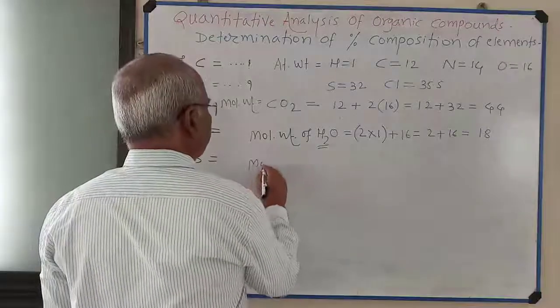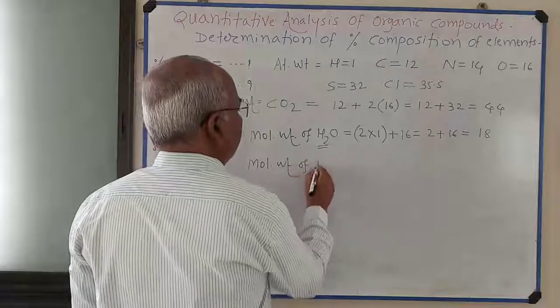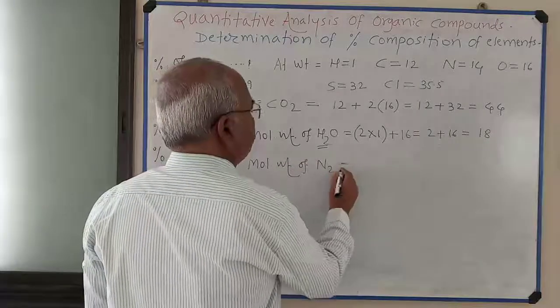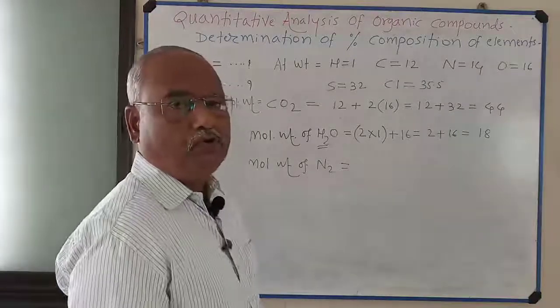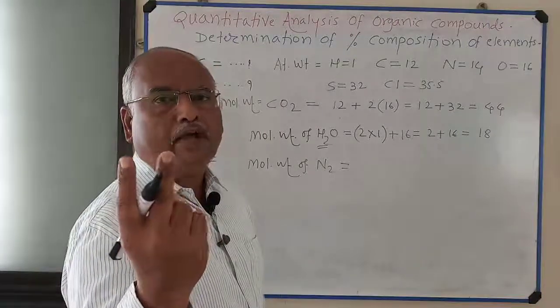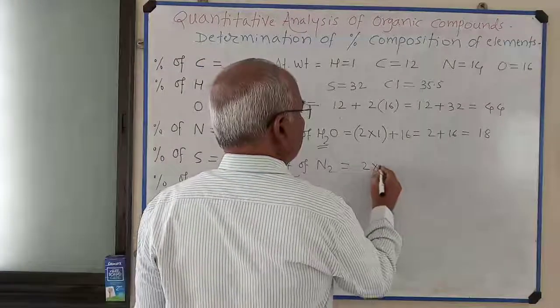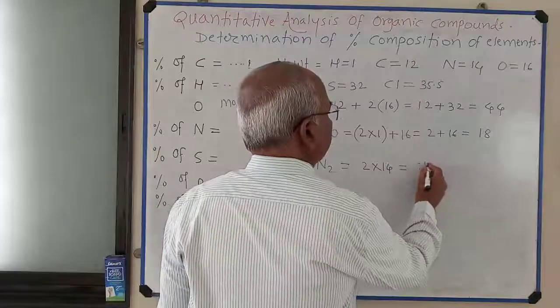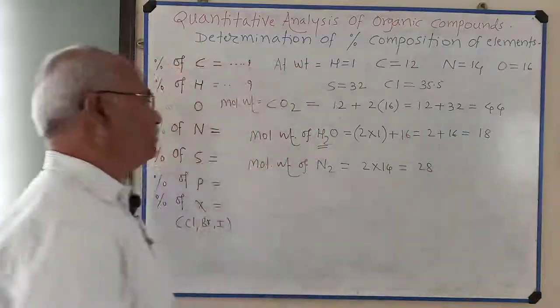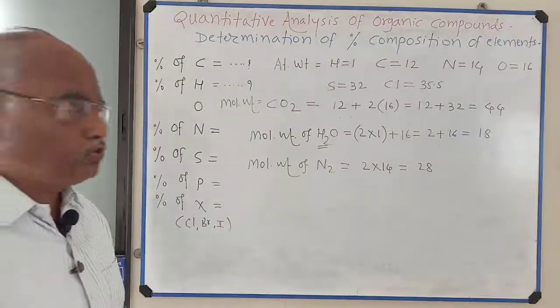Molecular weight of N2 is equal to, in nitrogen molecule there are 2 atoms of nitrogen, therefore I write 2 into 14, that is equal to 28. This is the molecular weight of nitrogen.